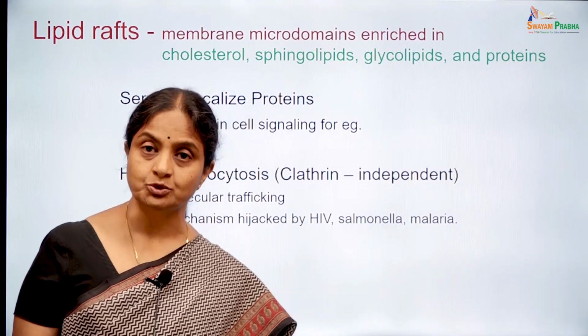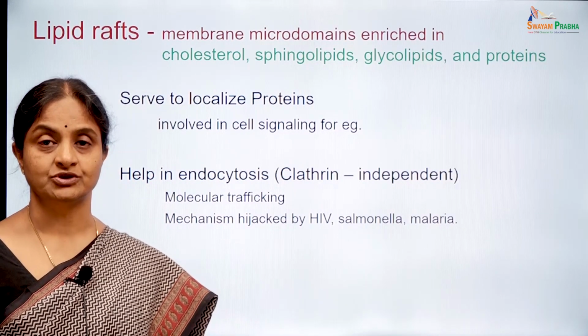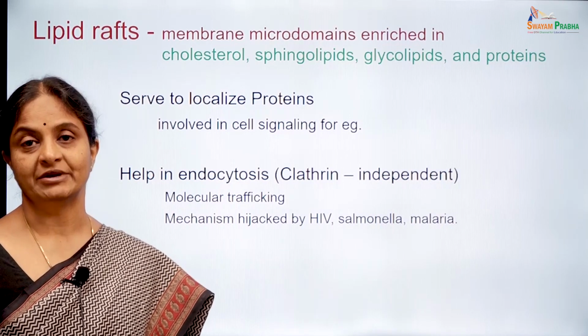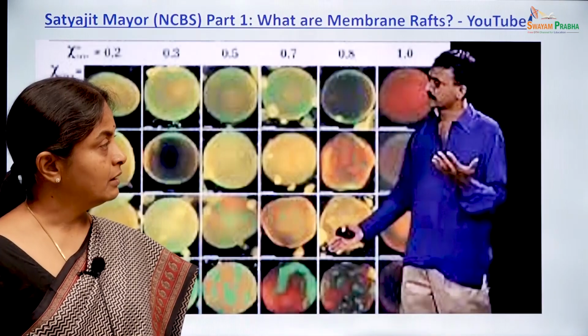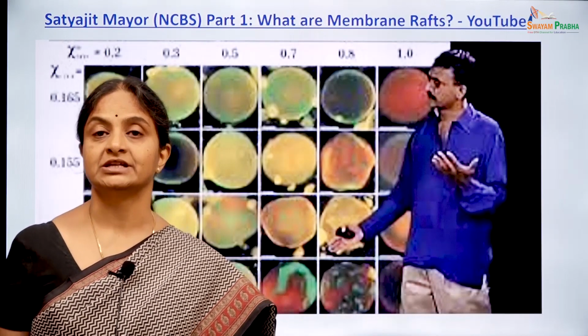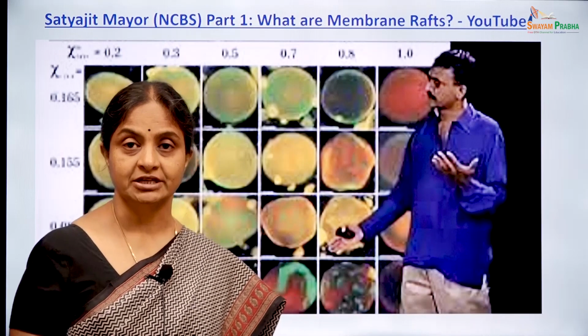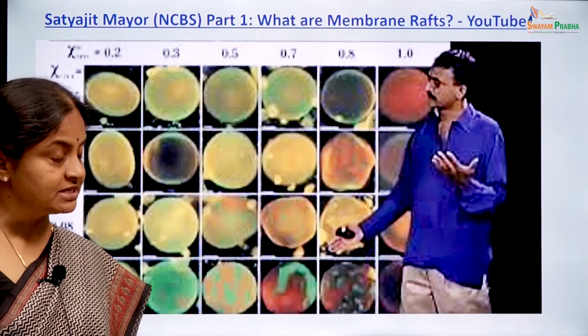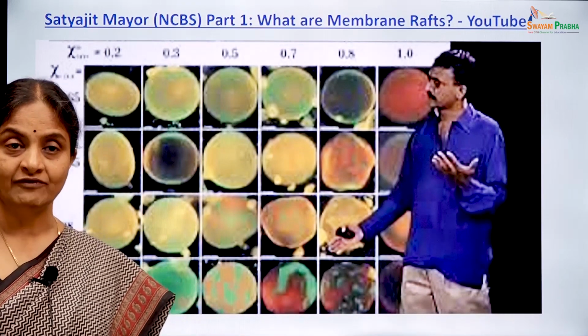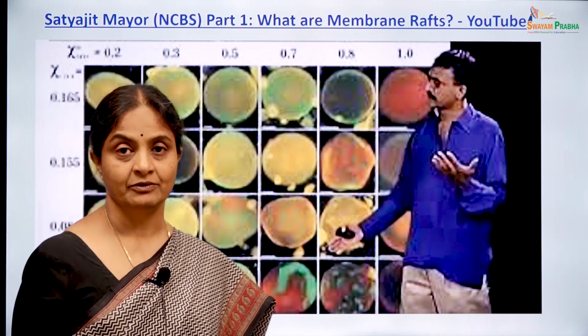They seem to get into a cell through clathrin-independent endocytosis mediated through lipid rafts. Professor Satyajit at the National Center for Biological Sciences, Bengaluru, is a pioneering researcher in the field of lipid rafts. There are a set of YouTube lectures by him, and if you want to learn more about lipid rafts, you could watch those videos.